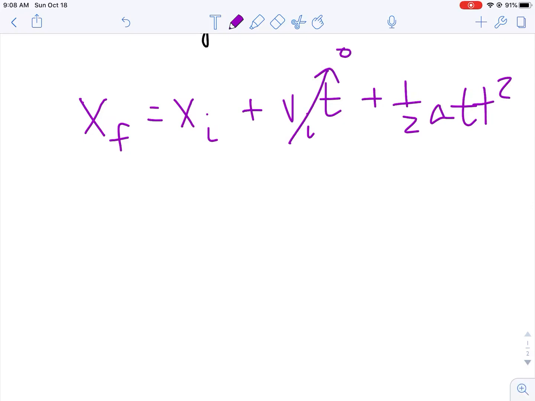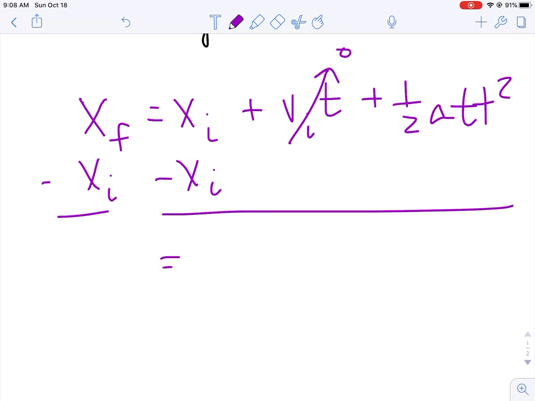Instead of v naught, I'm using initial, which is 0. I'm going to subtract x initial from both sides of the equation. And now I just have delta x, right? That's our displacement. And then I'm going to end up with 1/2 at squared.